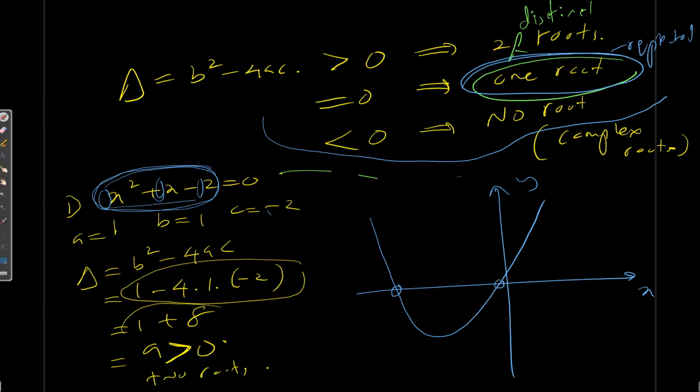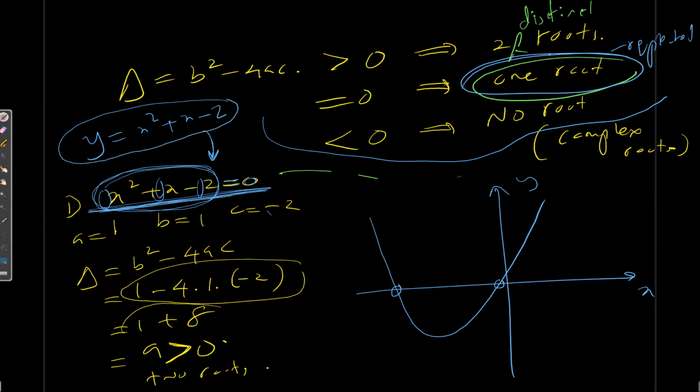Now, see this equation, y equals x squared plus x minus 2. And the equation when you say equals 0 is when y equals 0. So it represents right here. So you have two solutions.